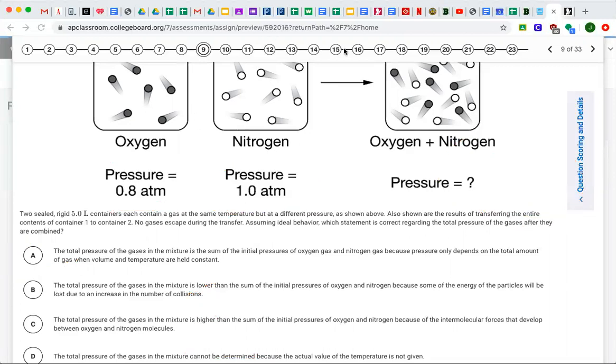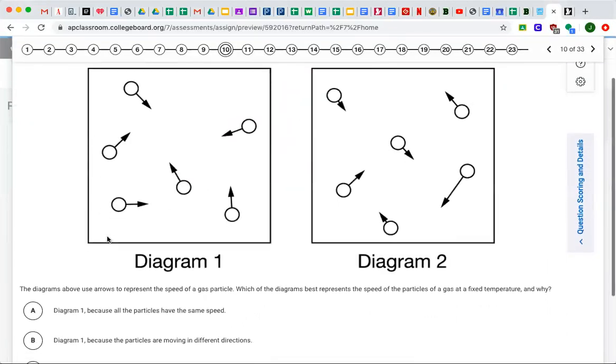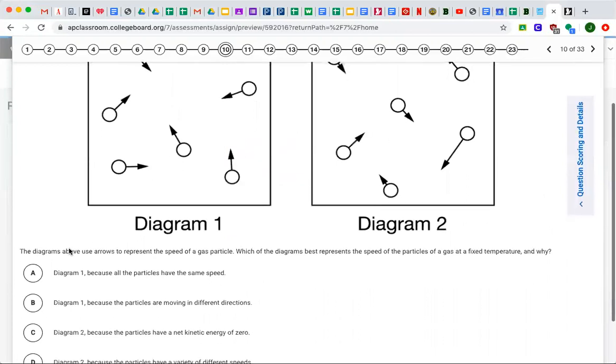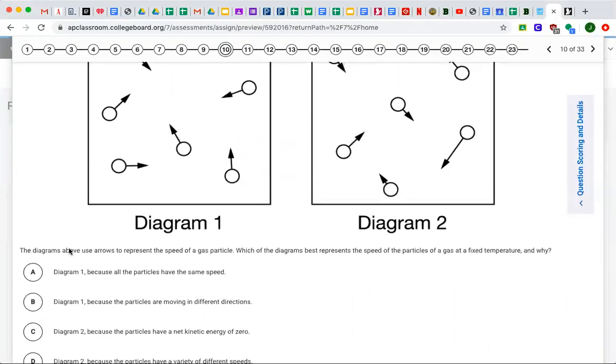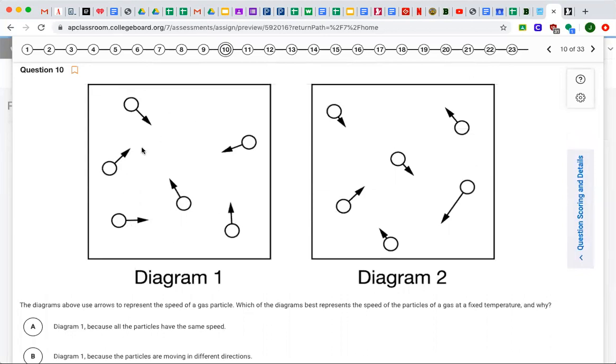Perfect. Then let's take a look at the next problem. Diagram 1 and diagram 2. The diagrams above use arrows to represent the speed of a gas particle. Which of the diagrams best represents the speed of the particles of a gas at a fixed temperature and why? You'll notice that these all have the same length arrow, and these have arrows of different lengths.